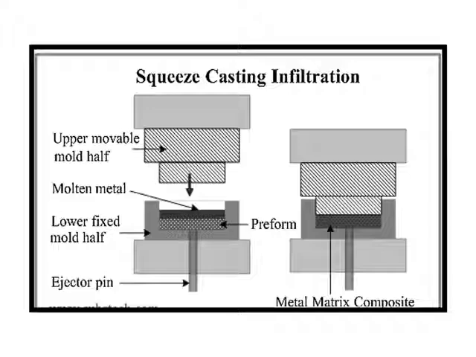Normally this process is used to produce engine pistons from an aluminium alloy reinforced with aluminium short fibers, which have light weight and very good strength. So that's the second process normally used for a metal matrix composite material.